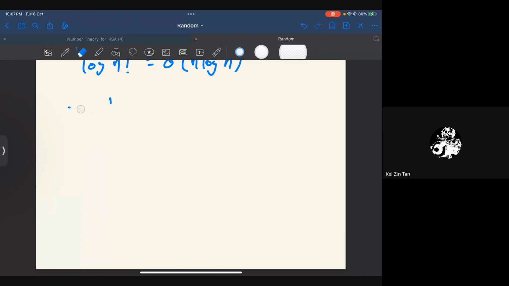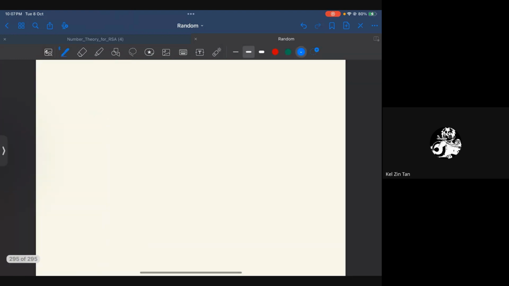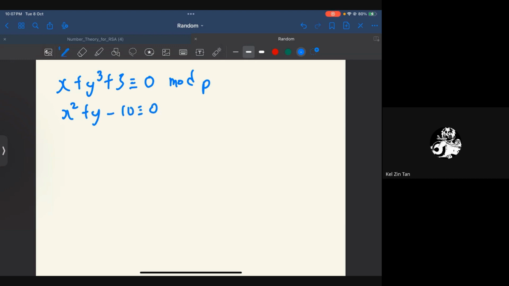I'll write it in another place. x plus y to the power of 3 plus 3 is congruent to 0 modulo a prime number p. And then x squared plus y minus 10 is congruent to 0 modulo q.